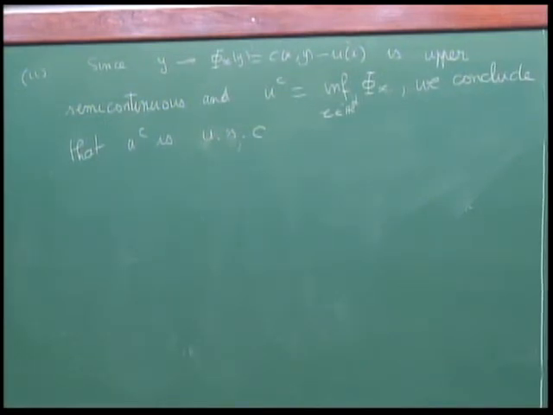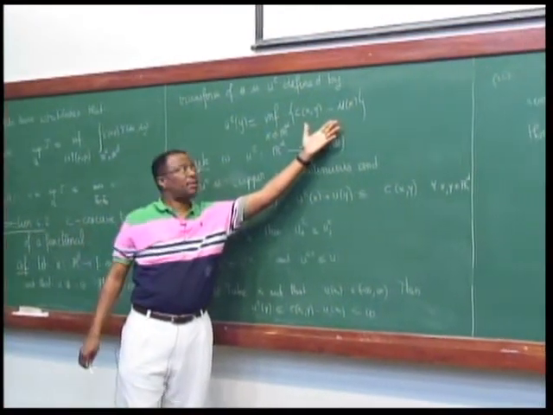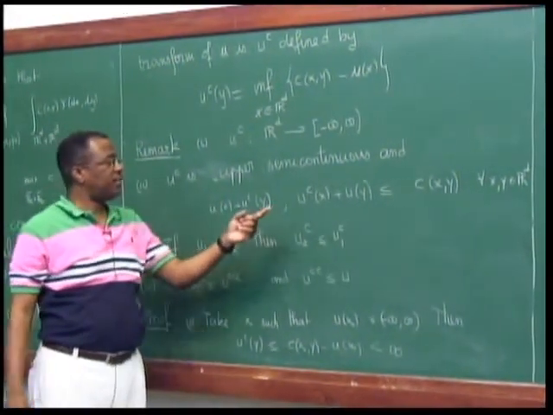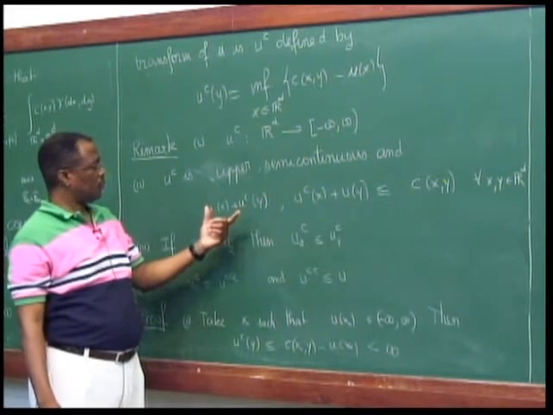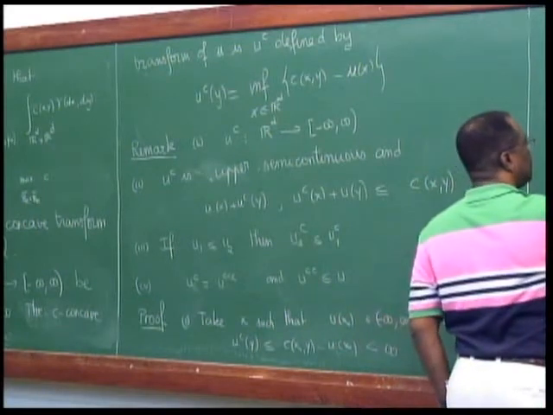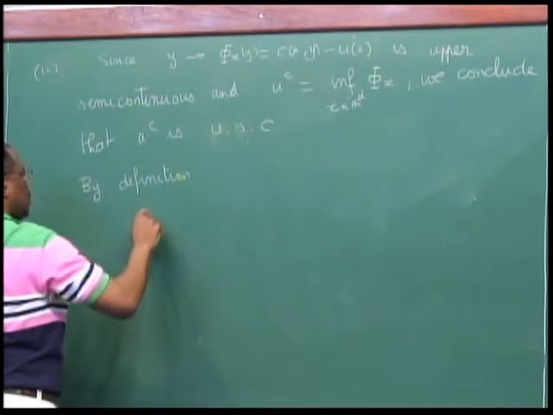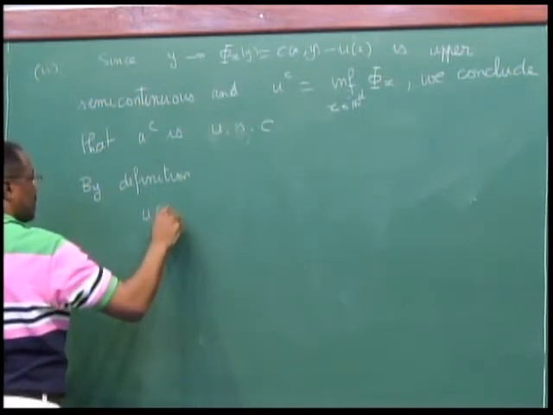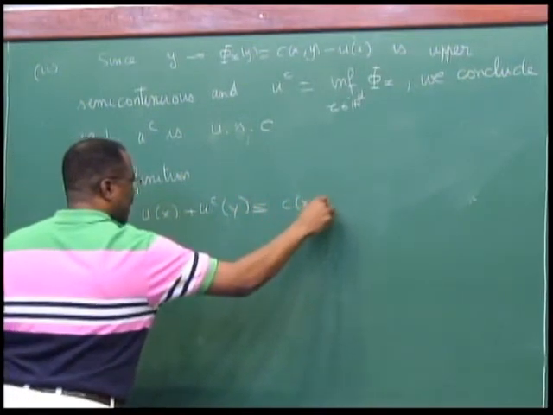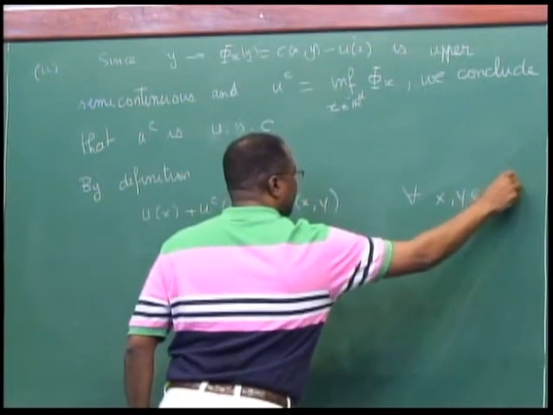Now, the infimum is always less than the right-hand side. And so this inequality, by definition, u of x plus u^c of y is less than c of x,y for every x, y in R^d.